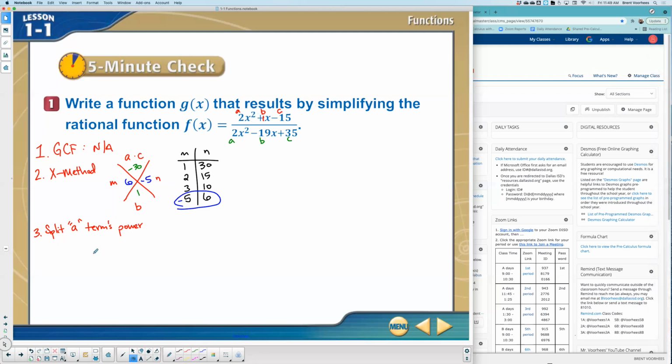I'm going to take 2x squared and split its power. So no longer will it be 2x squared. When I split a square in half, it becomes an x. So it's just 2x and another 2x. My a term's power was squared, so I split it. So now I have 2x and 2x, and then I put these two side numbers, plus 6 and minus 5.